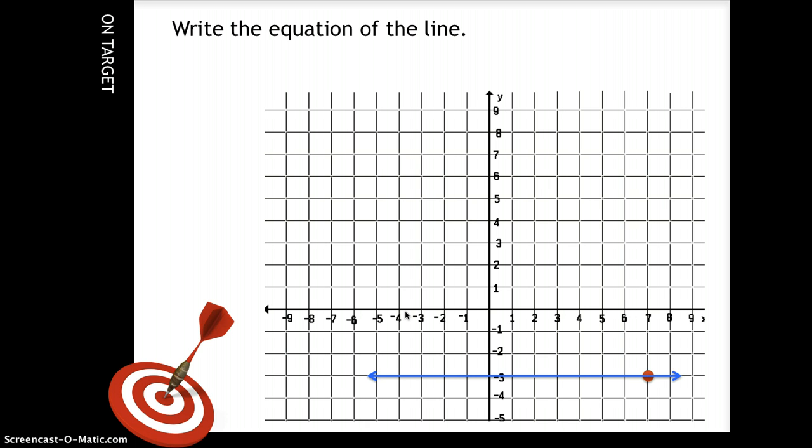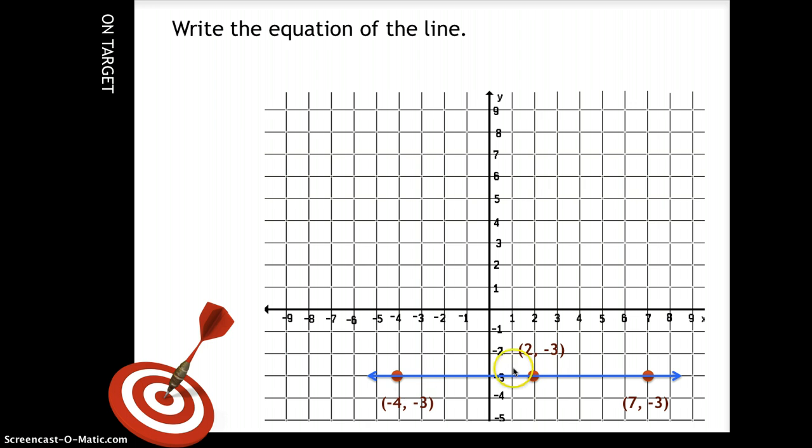I'll start at the right side. This point has x is 7 and y is -3, so that's (7, -3). The second point is (2, -3). The third point is (-4, -3).